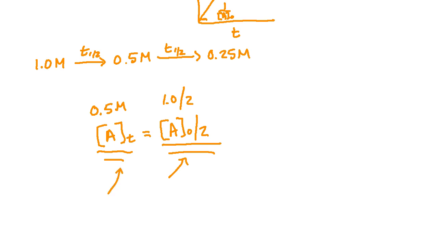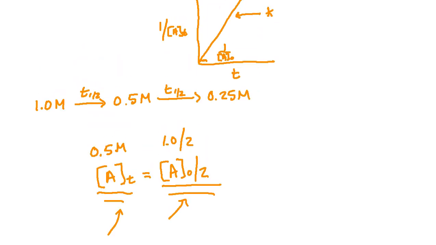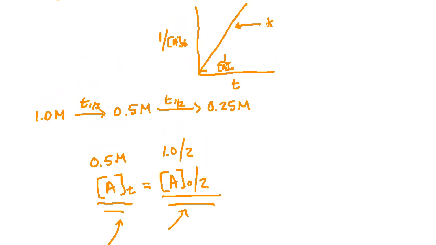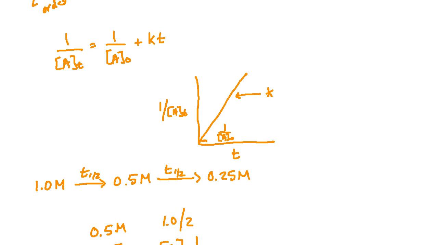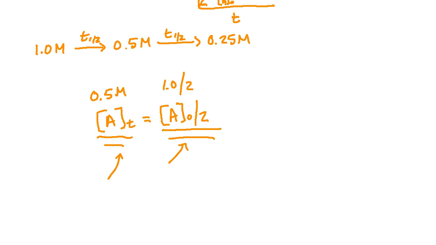So if I were to go back through any of these equations, I can plug in the A naught divided by 2 in place of A_t. So for instance here, I could put in A naught divided by 2, and then just keep A naught over here. That would solve for this specifically at a half-life.